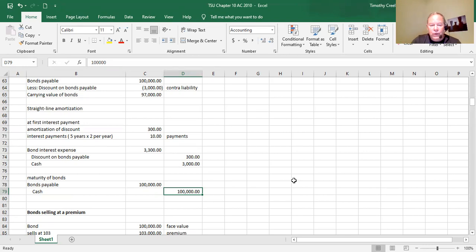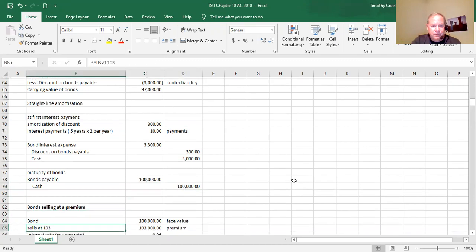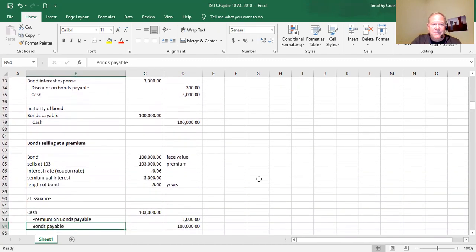Now, what if the bonds sell at a premium? Say we had some bonds with $100,000 face value, and all this information is very similar to the other examples we looked at. Let's say these are selling at 103. That means we take the face value times 1.03, or 103%, and in this case we're going to get 103,000 for them.